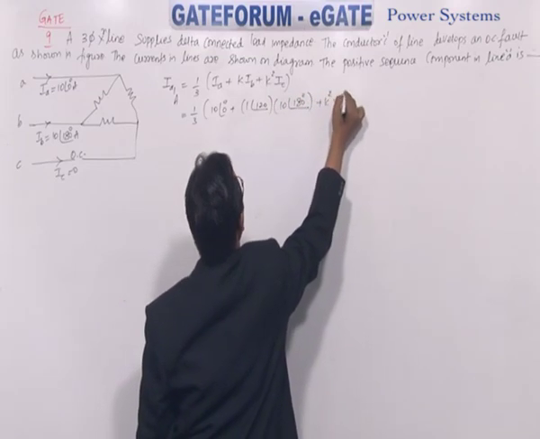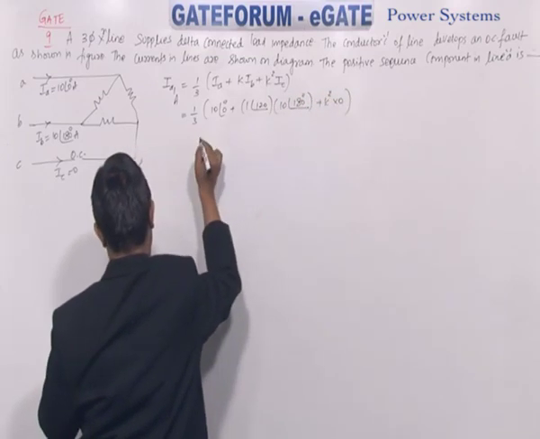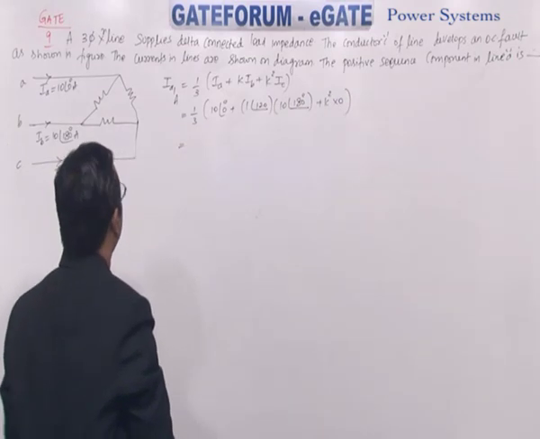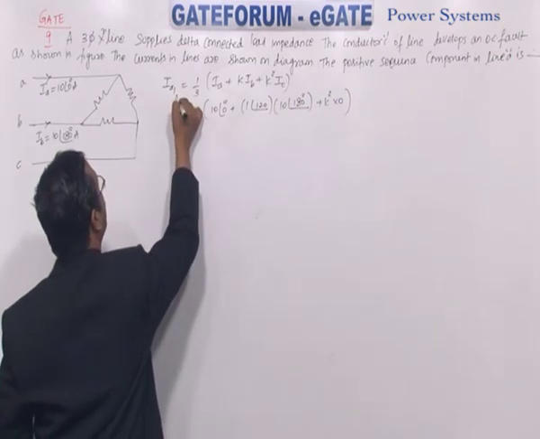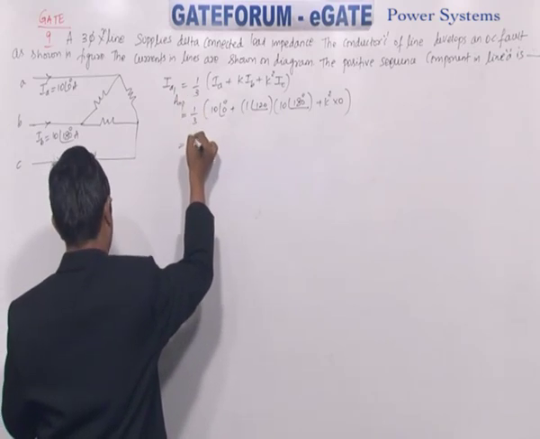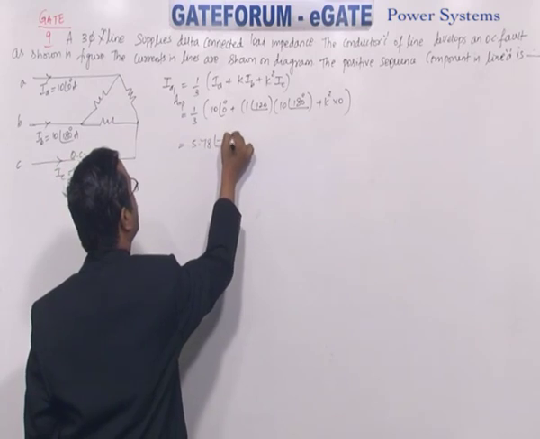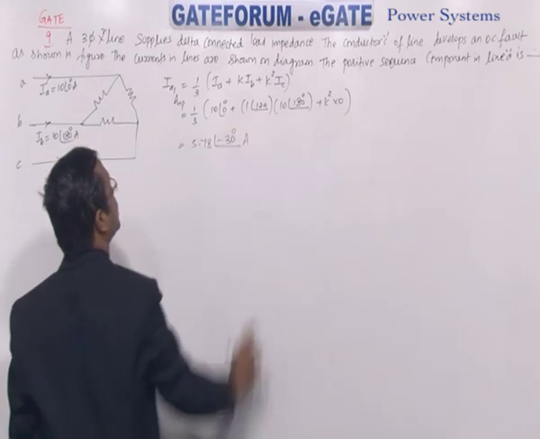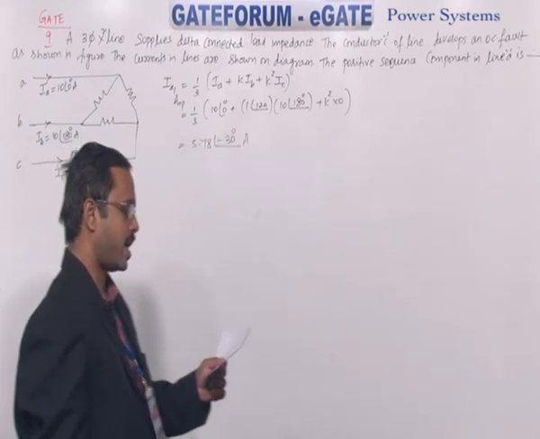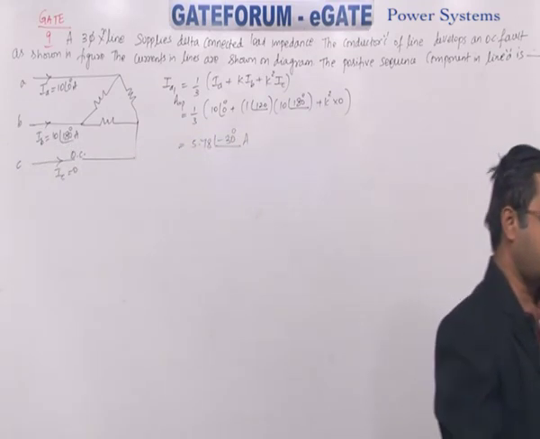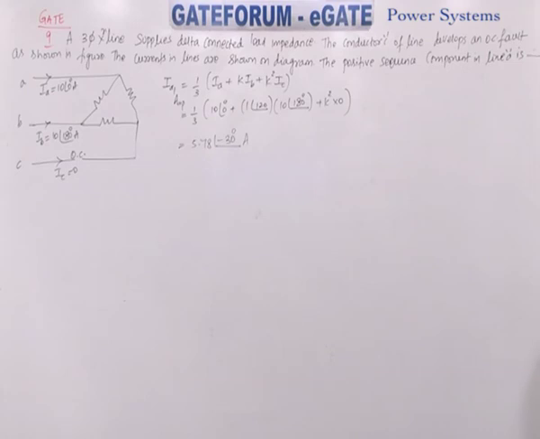Anyway, IC is given as 0, so no need to write the K squared value. So how much do you get for this IA1 in amperes? On simplifying, 5.78 at angle minus 30 degrees amperes.